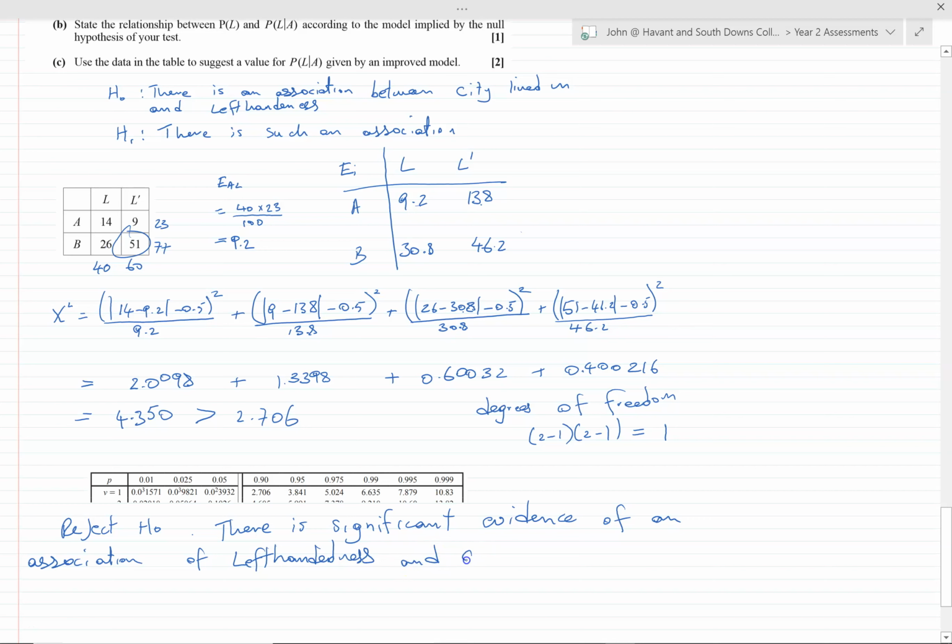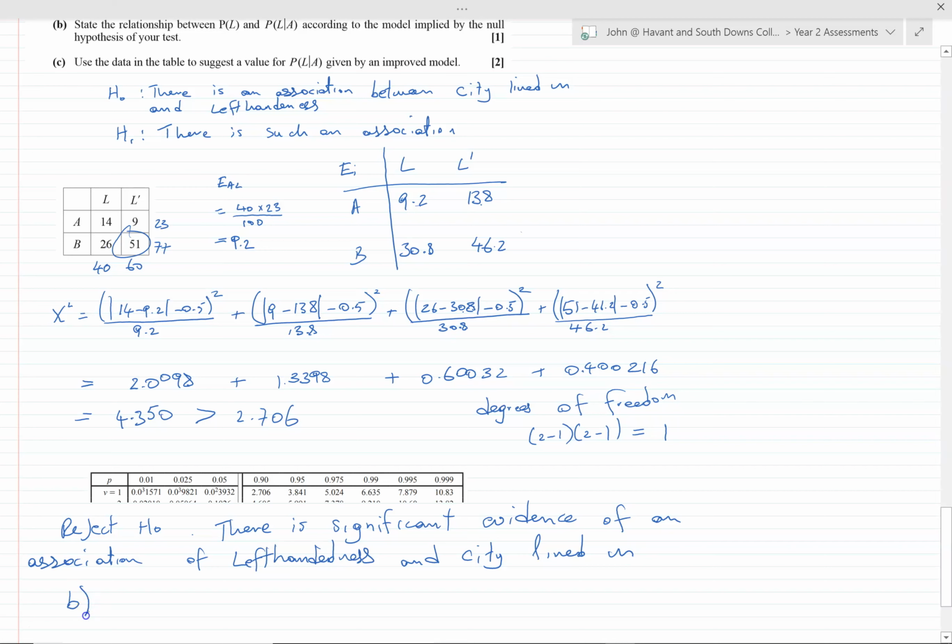So it doesn't have to say left-handedness, it's a bit of a mouthful, but we need to have the words in there that refer to the data. The factors, whether it's left-handed or not, and the city lived in. And we need uncertainty in our vocabulary. Okay, so that's the hypothesis test done and concluded.